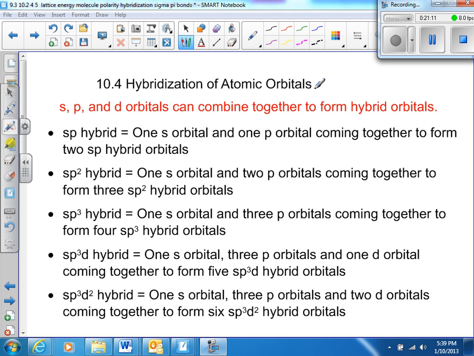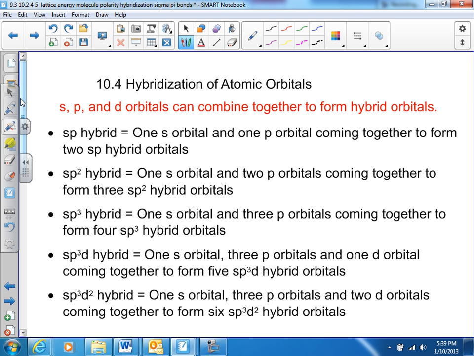Hybrids are when you take two different things and they come together and make something new. Like a mule is a hybrid of a donkey and a horse, I think. So hybridize just means you're taking two things that are different, putting them together to make something new.